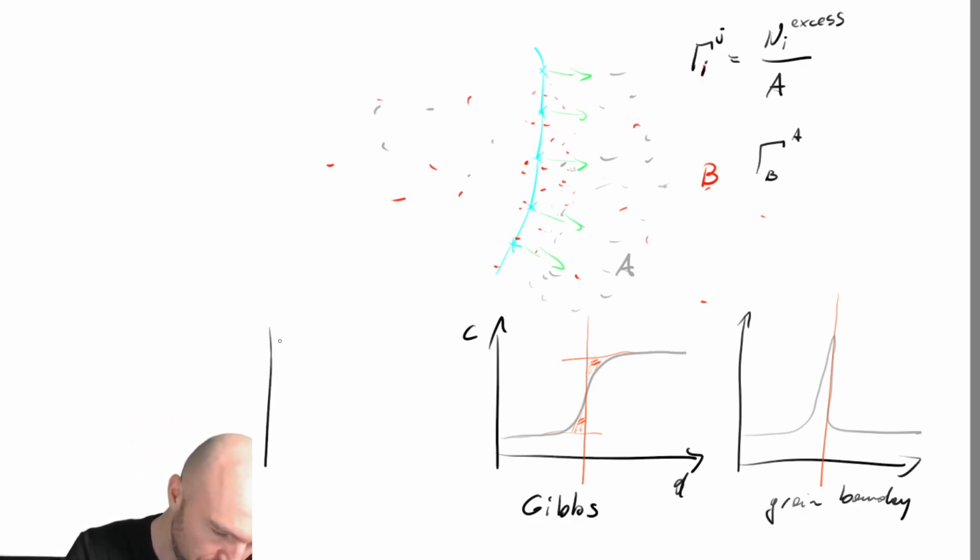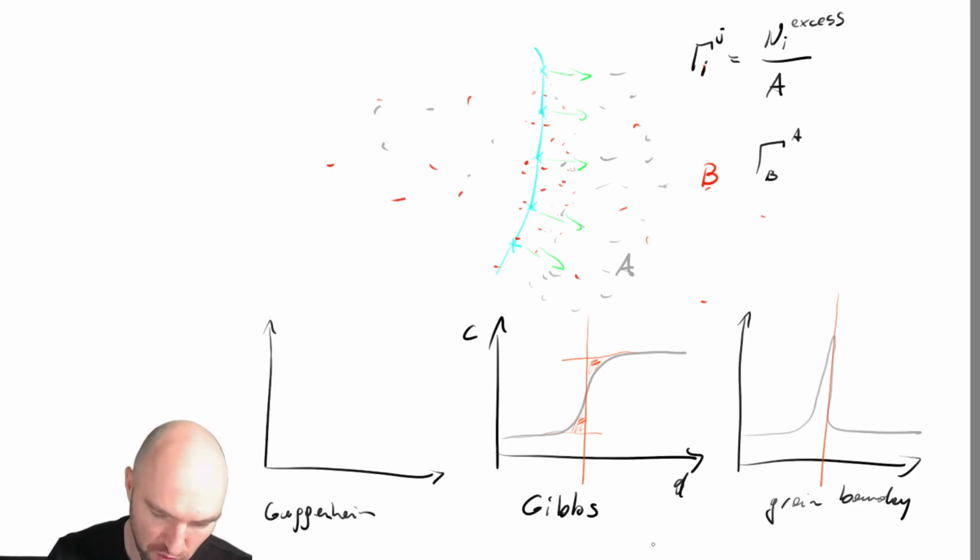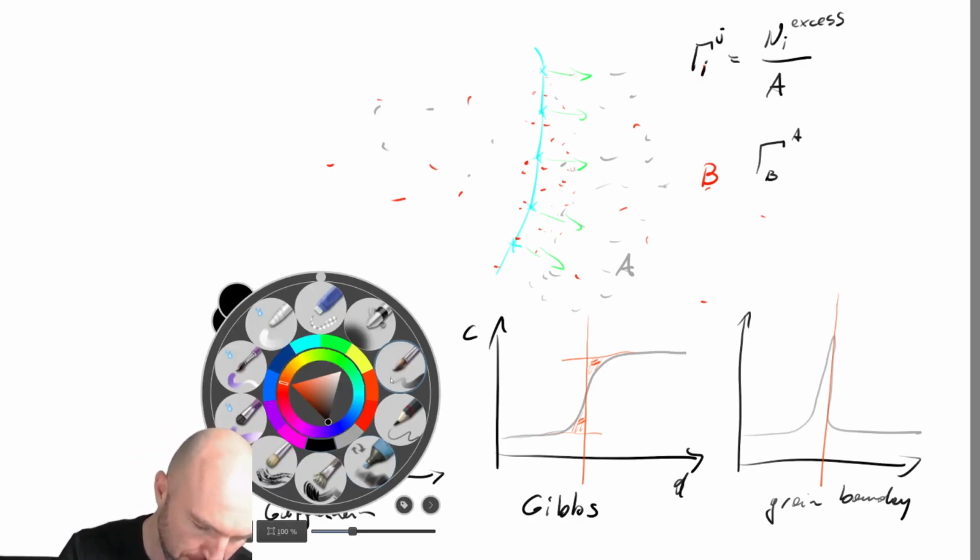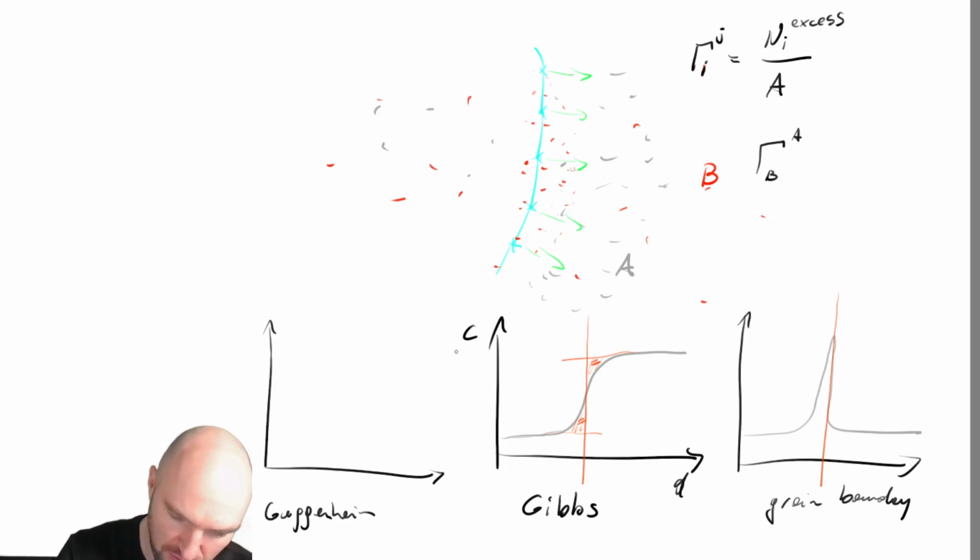Okay, so in the Guggenheim view, what we can do is essentially have the concentration of our species B that we're actually looking at, which might have some excess here, and it doesn't need to be concentrations on both sides.